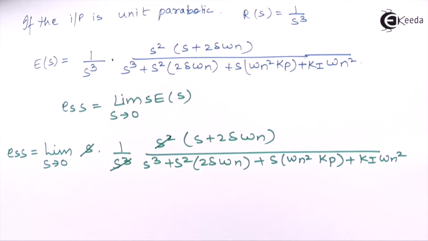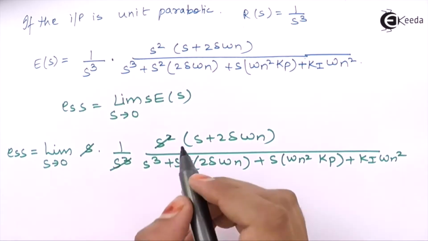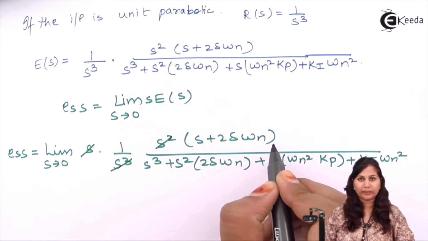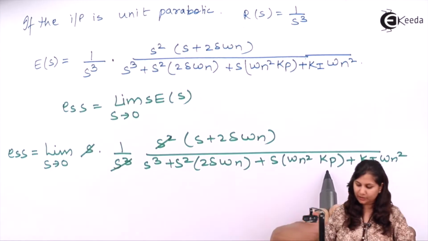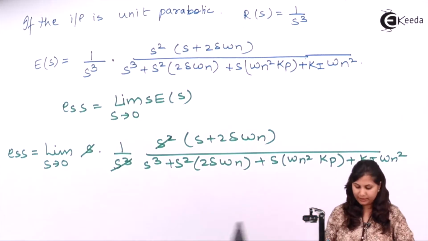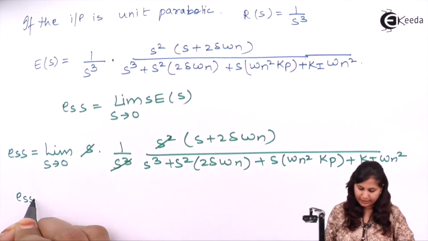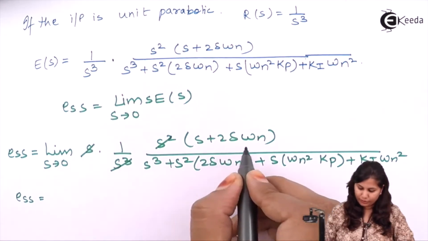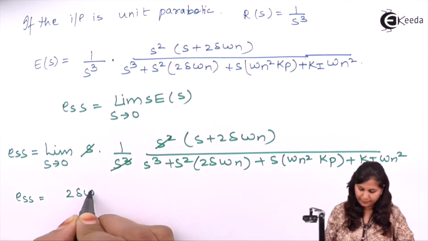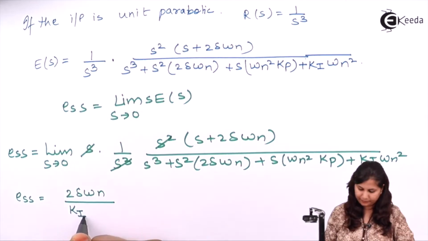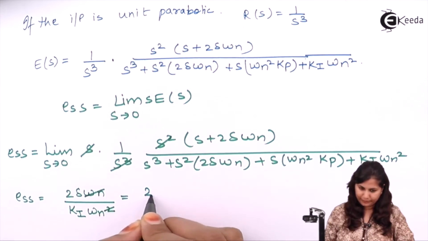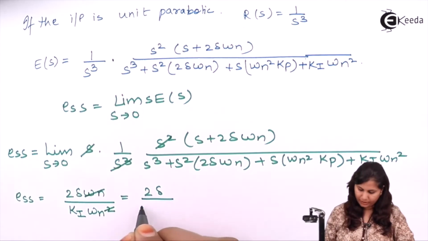S tends to 0, so this will become 0 plus 2 del omega n. This term will become 0, and this is Ki omega n square. So the steady state error will be 2 del omega n upon Ki omega n square, so this will be cancelled and it will become 2 del upon Ki omega n.